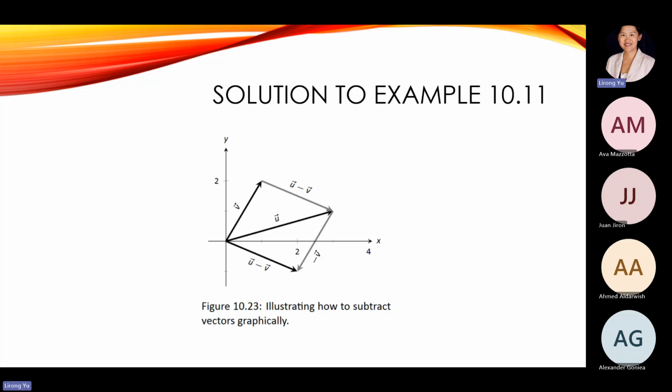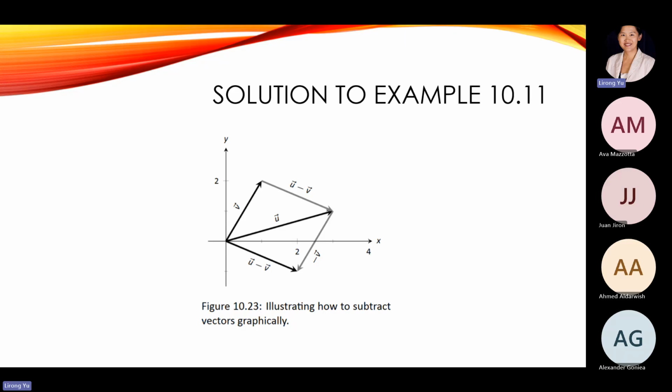And then there's a little picture of how we do subtraction of vectors using the image. Here we have two vectors. This is a u vector. This is a v vector. So how do we do u minus v? Basically, the terminal point of u is the terminal point, and the terminal point of v is the initial point.